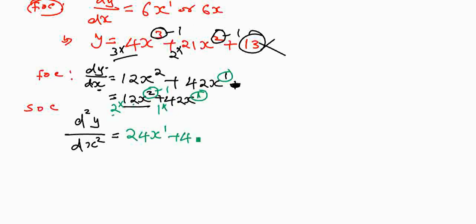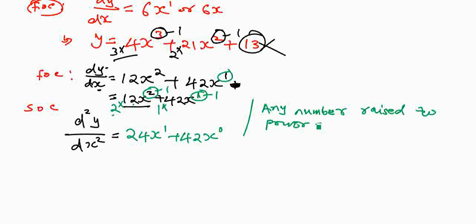So the answer becomes 42. X power 1 minus 1, the answer becomes 0. 42x power 0. Now we should know that any number raised to power 0, whether it is an alphabet or a numeral, is 1. Yes, any number raised to power 0 is 1.